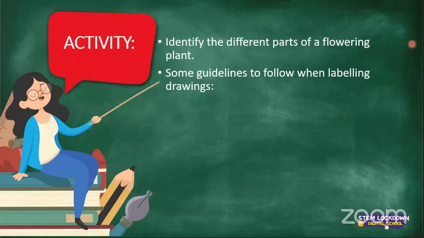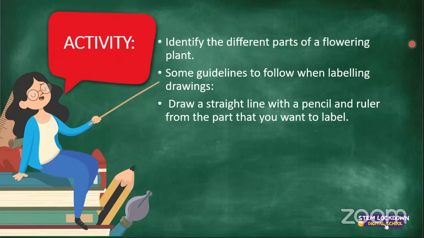Because we're going to look at a sketch of a plant and then we'll label it. But I just want to give you guys some guidelines and you can remember this for the rest of your school career and after, okay? When we need to label drawings, always use a straight line and don't do it freehand. Always use a ruler. And start from the part that you want to label and draw a straight line.